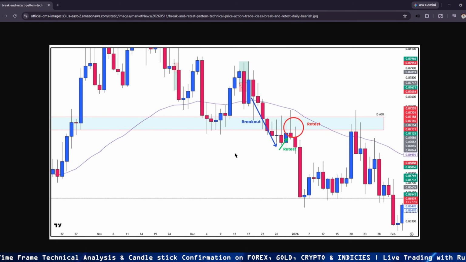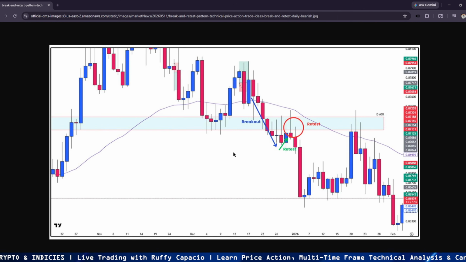Let me give you an analogy. When you are at the roof of your house, and you fall towards the ground level, then the roof that you have fallen from is now a ceiling above you, right?